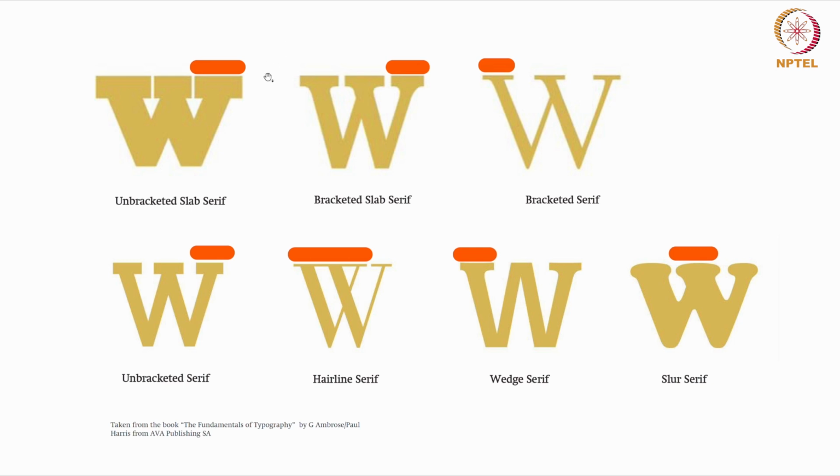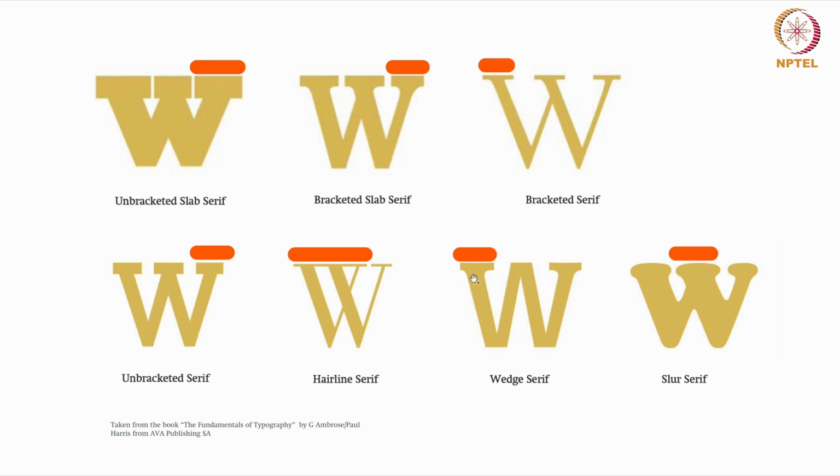Similarly, this is bracketed slab serif, where you will find the curve, which I explained in the earlier slide. And again, it has become thin, but at the same time, this is bracketed serif. This is unbracketed serif, right? So you don't see any bracket. This is hairline serif. So the attachment is in the form of a hairline.